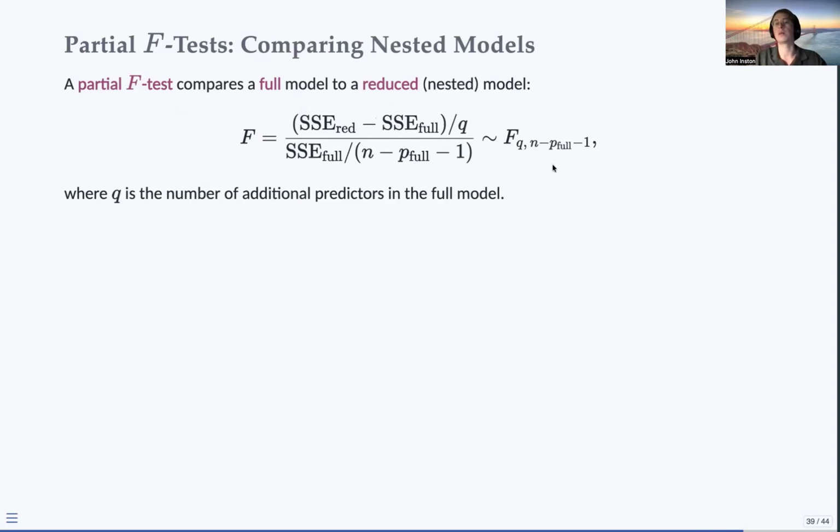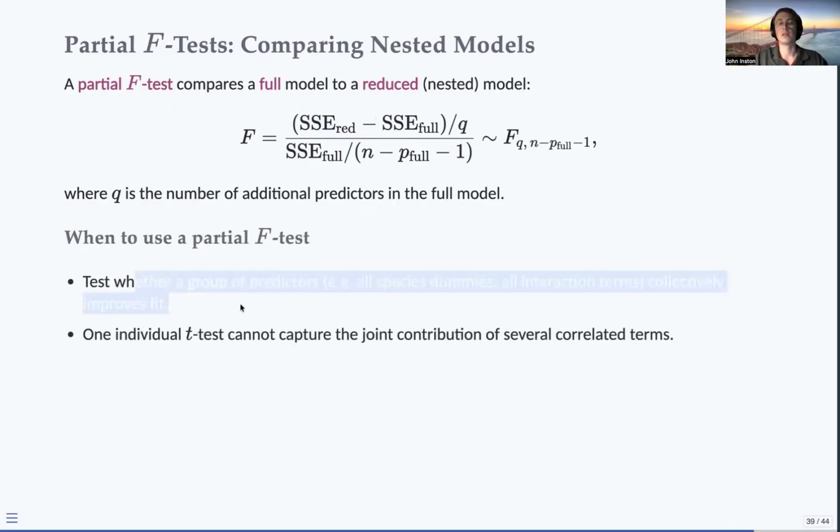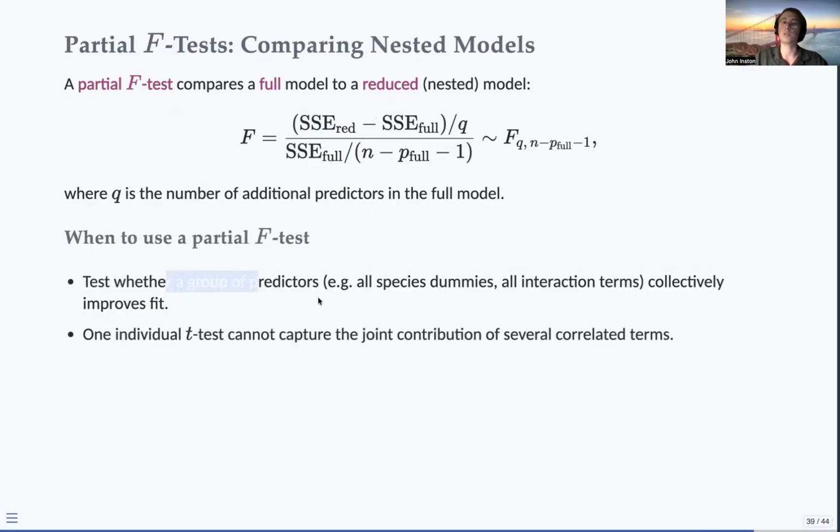Please don't get too bogged down with all of this algebra. But the point is that we use this partial F-test when we're testing a group of predictors, i.e. all species dummies, to see if they collectively improve the fit. So we essentially have one model with multiple different parameters, and we take out a collection of them, and it's nested within that family of models, right?